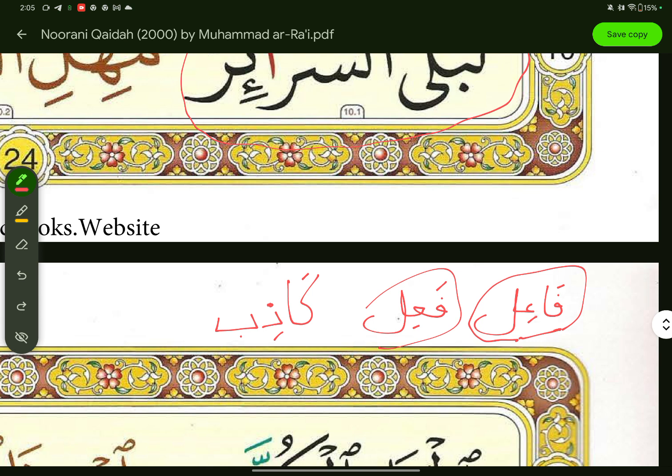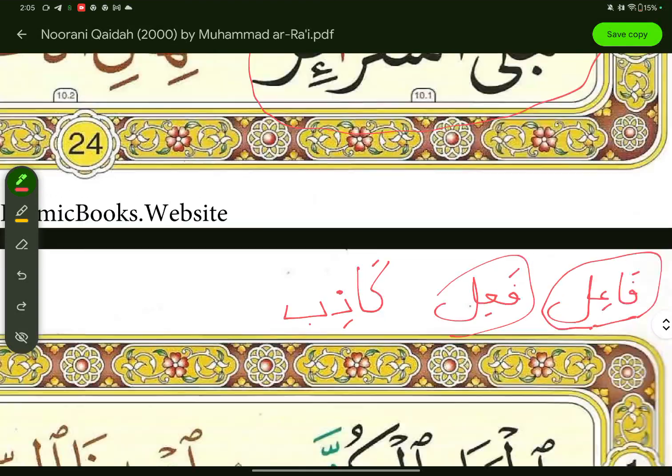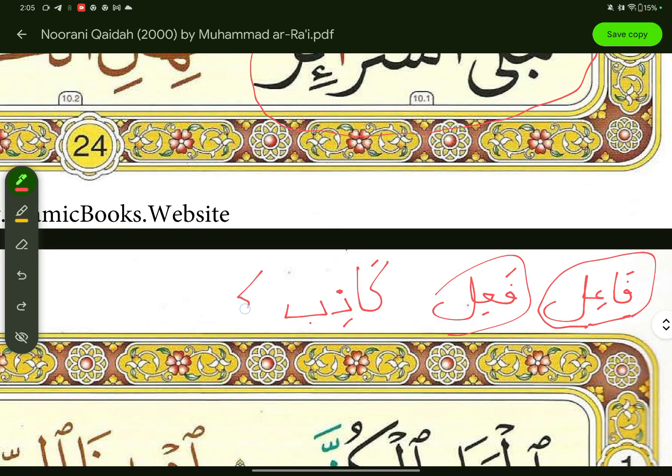A person that lies. So just like the word fa'il is a doer, this is the doer, a liar, the doer of the action. Kadhib is a lie, like lying, the action of lying. Kadhib is the action of lying. But kadhib is a liar.